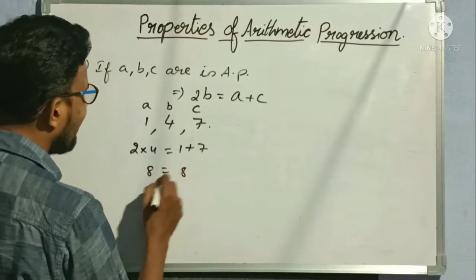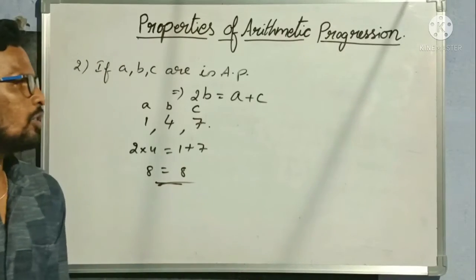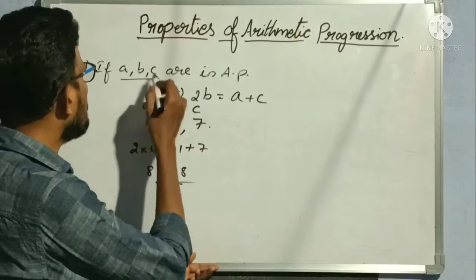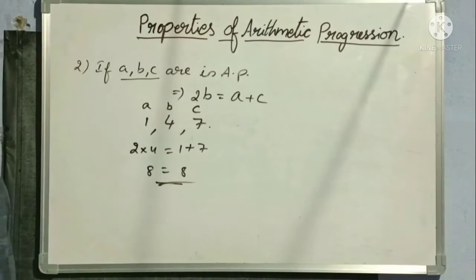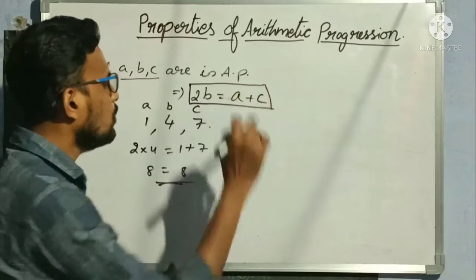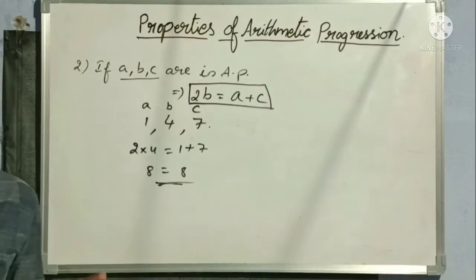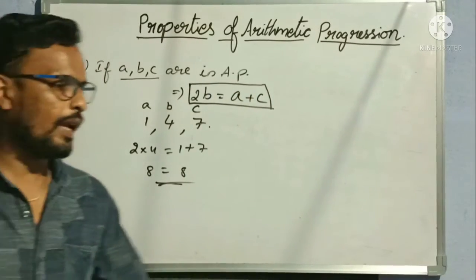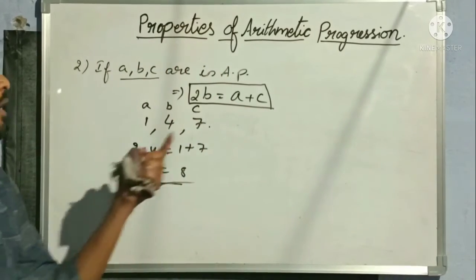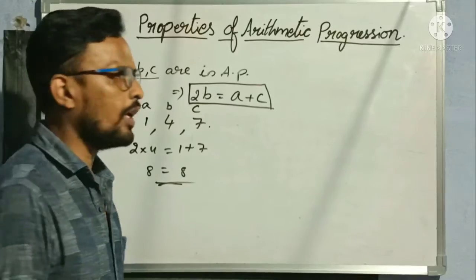Satisfied? 8 is equal to 8. Understood? So whenever any three numbers a, b, c are in arithmetic progression, they definitely satisfy the condition 2b is equal to a plus c. This is the second and important property of arithmetic progression.